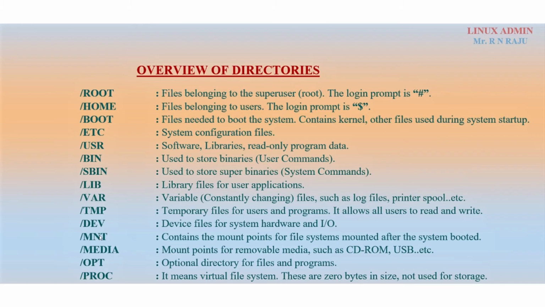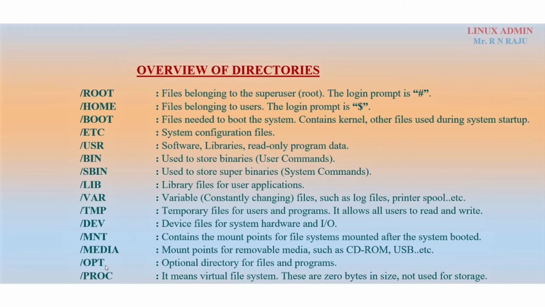Mnt contains the mount points for file systems mounted after the system booted. Media is the removable media working directory such as CD-ROM, USB, DVD, like that. Opt is an optional directory for storing files and programs. By default, opt is an empty directory.